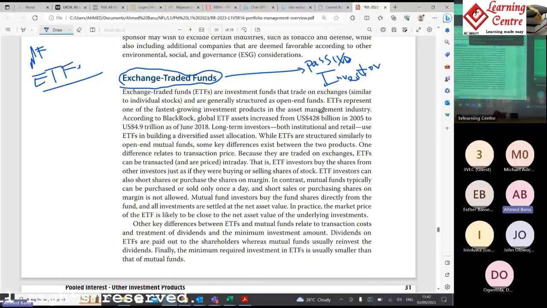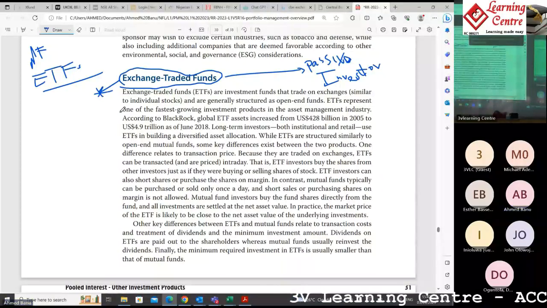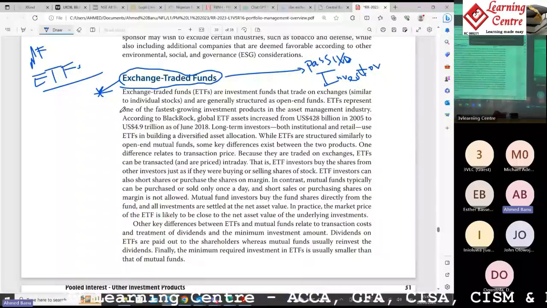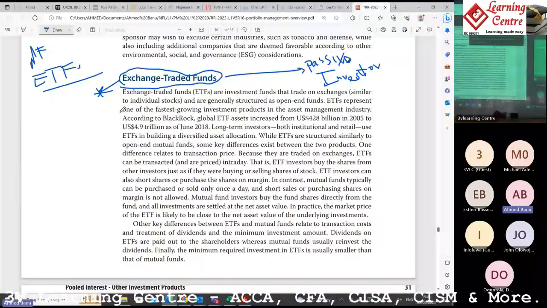It's the investment that passive investors significantly invest in. There's a reading in your level 2 that speaks about this, so I try as much as possible not to go very deep. But what is an ETF? Just imagine a mutual fund that tracks a particular index and is listed on an exchange like a stock. That is what an ETF is.